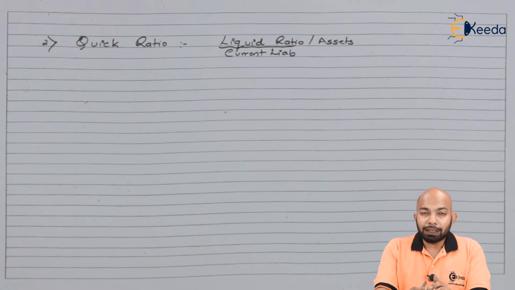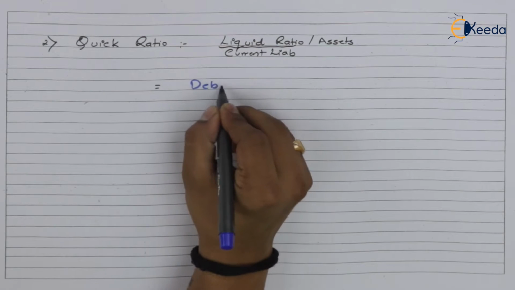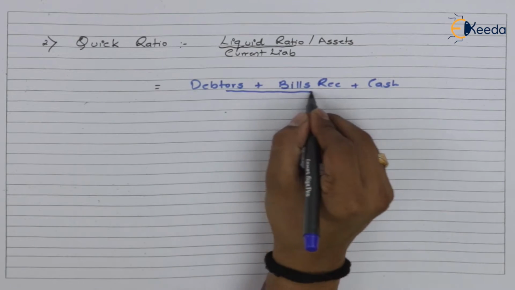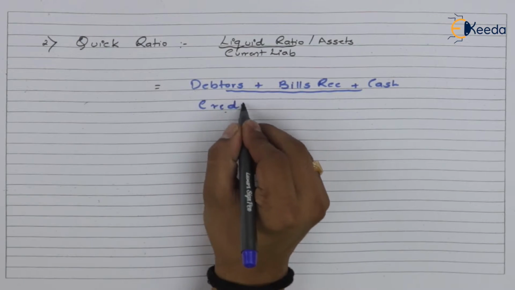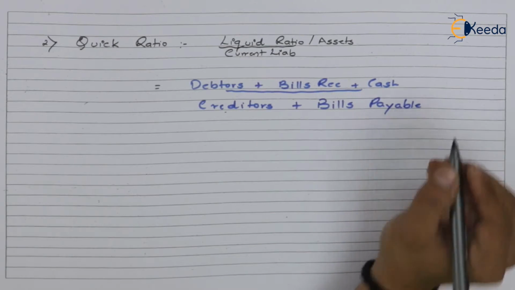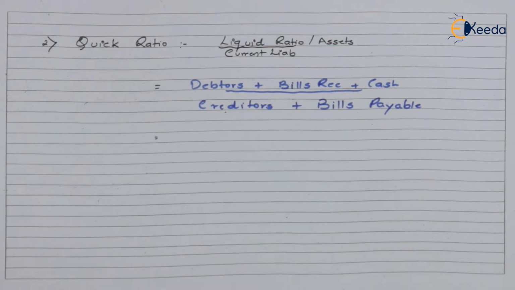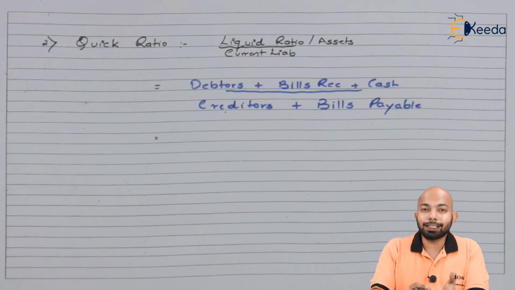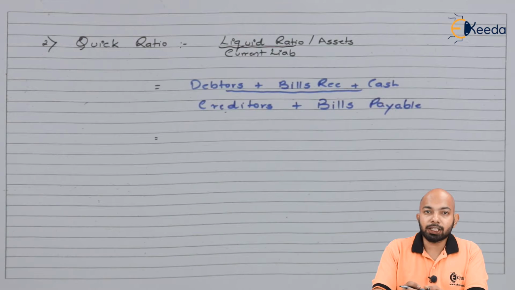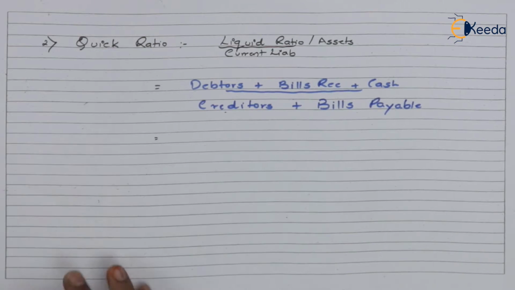The liquid assets that we have are debtors, bills receivable, and cash, and for the current liabilities it still remains the same, that is creditors and bills payable. Let's mention the amounts and see what numerical value comes up.